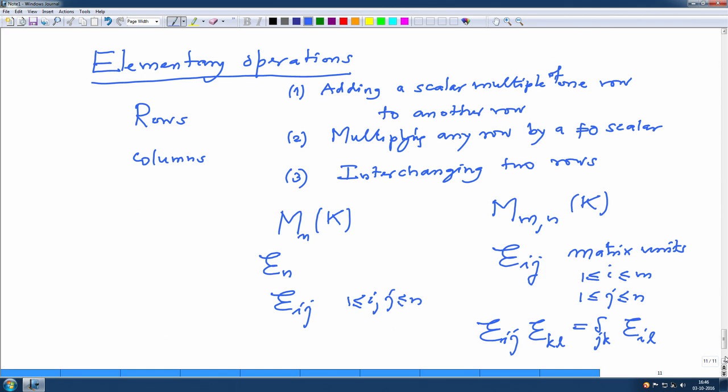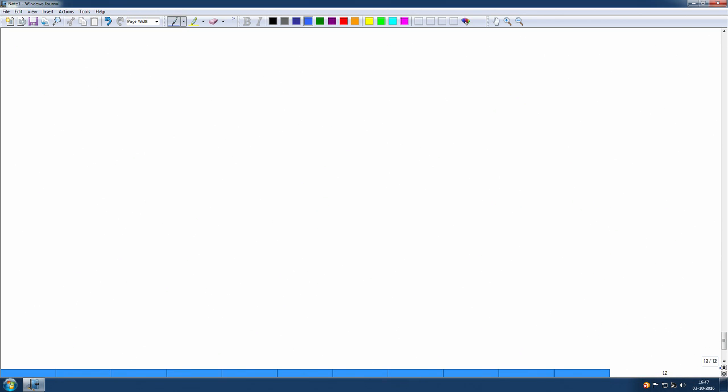So that is how I will make calculations, either here or here. And also when I make elementary operations on the matrices, I will prefer to use operation 1 maximum. I will avoid using 2 and 3 as far as possible. So, for operation 1, the matrix corresponding to that I will denote B_ij(a).